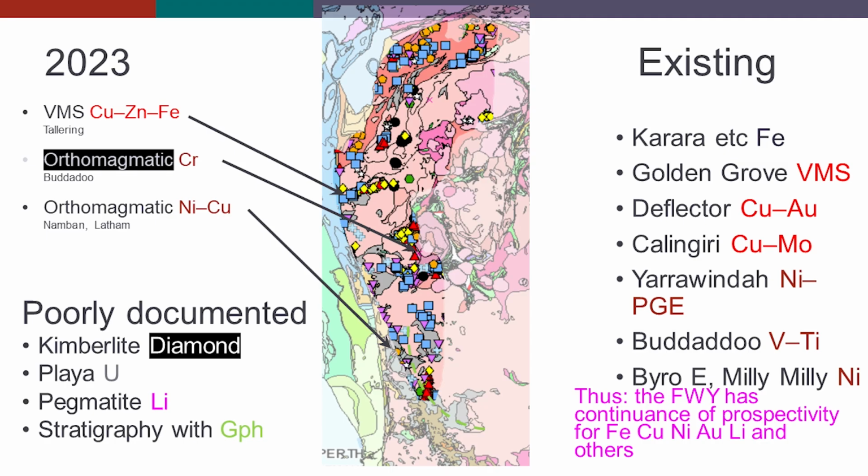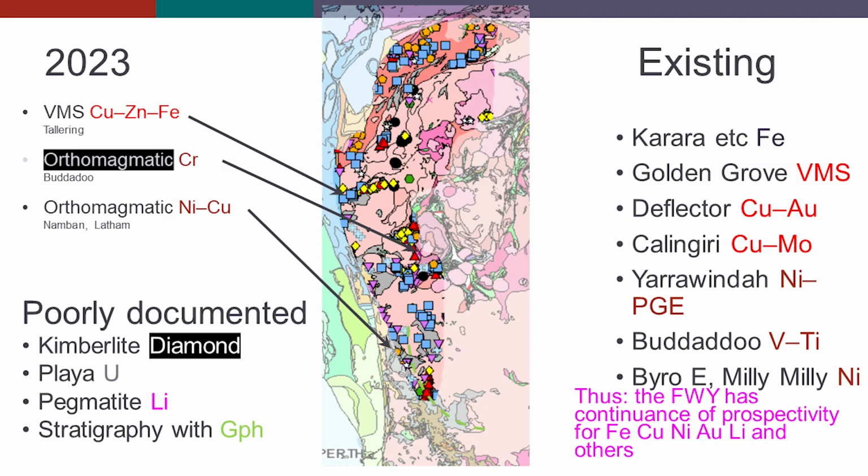So that VMS deposit there is something we would have predicted from looking at the Southern Cross supergroup, which contains Golden Grove. Golden Grove sits just in here. The Budadu igneous complex has also been expanded along strike now with new drilling, and there are significant chrome deposits there as well.